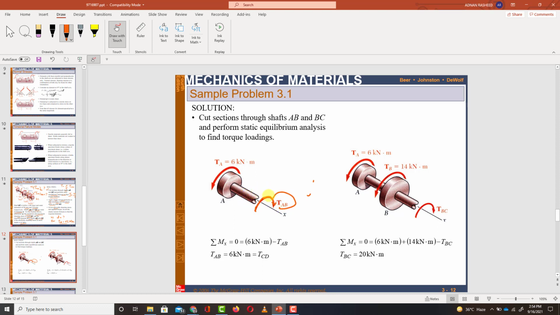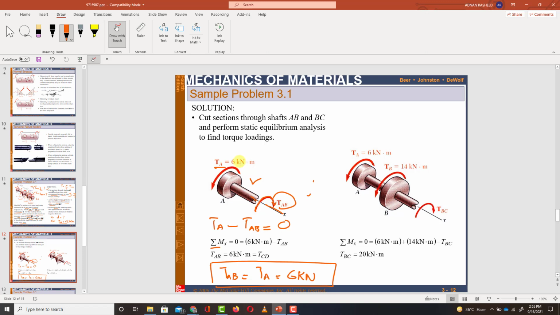This can be found using the moment equation. The moment about this x axis should be equal to 0 for equilibrium. So TA is counterclockwise, so it is positive, minus TAB, which is clockwise, and their sum must be equal to 0. It means that TAB is equal to TA, and TA is 6 kilonewton meter. So you have found the torque in shaft AB.